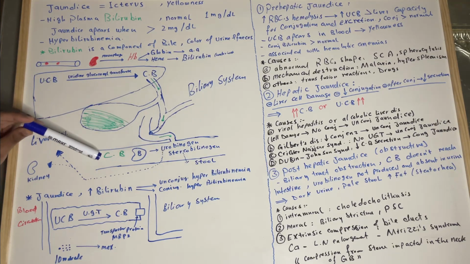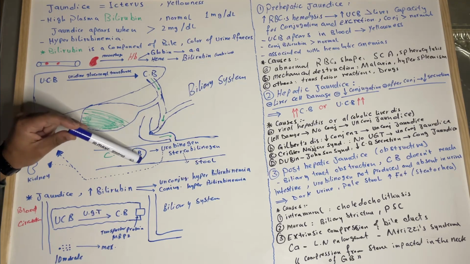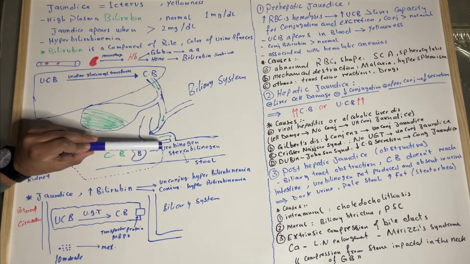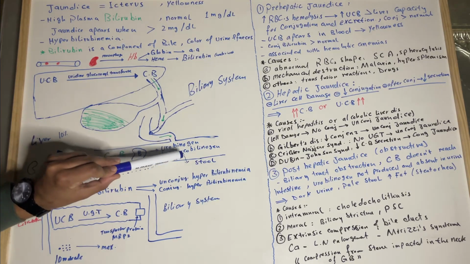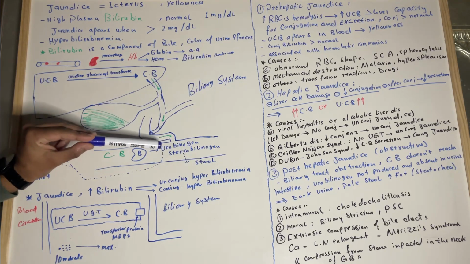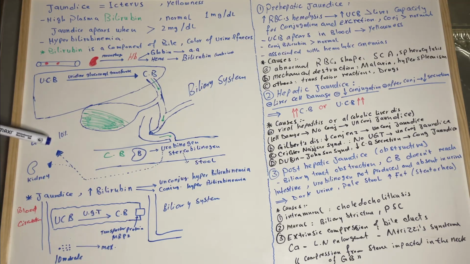Inside the large intestine, conjugated bilirubin, through intestinal bacteria, is deconjugated or catabolized into urobilinogen and stercobilin. The stercobilin is secreted into stool and gives the stool its characteristic color, while urobilinogen is absorbed into the liver.